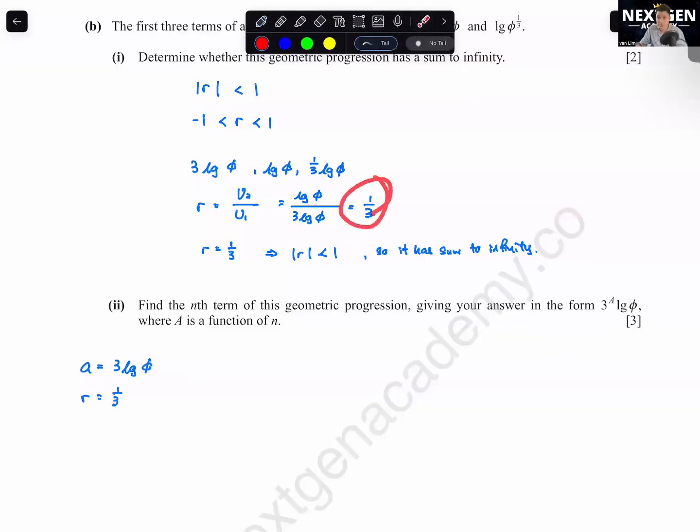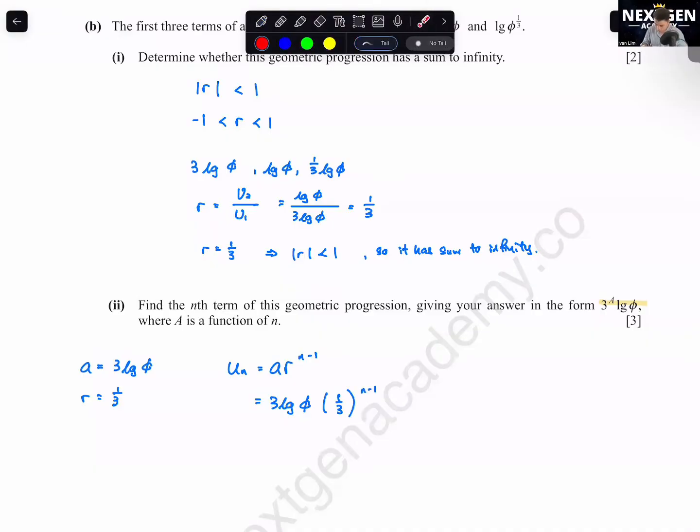Just now we calculated this. So we're going to put it into the nth term, right? The nth term is a r to the power of n minus 1. So we want to simplify into the form that they want. It looks a bit complicated, but let's write it down first. So 3 log 5, r is 1 over 3 to the power of n minus 1.